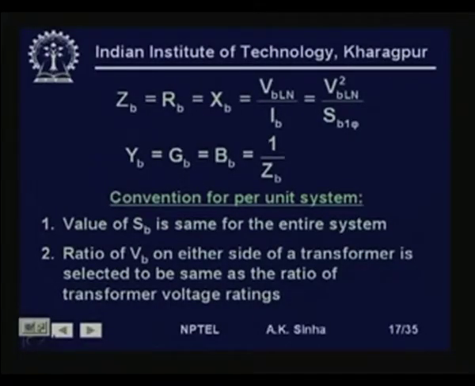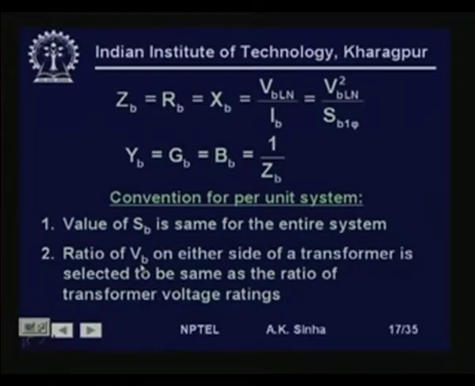One of the conventions that we follow for choosing the base values for the per unit system is that the value of S base, S_B, is the same for the entire system. That is, the base value for the complex power is the same for the whole system. Now, the ratio of the base values for the voltage on either side of a transformer is selected to be the same as the ratio of the transformer voltage ratings.